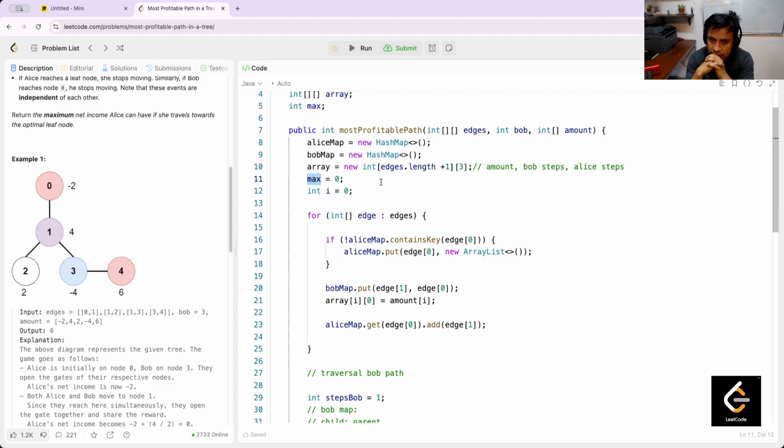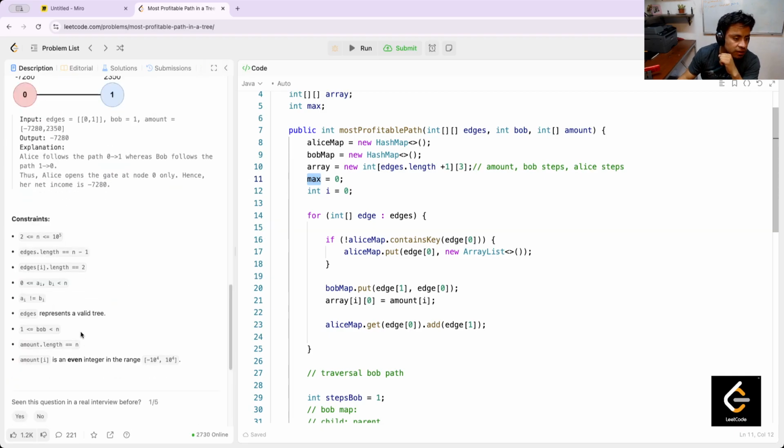I forgot that this can have negative values. This is a problem. Let me check. This is 100,000, which means I can use 100,000 negative.